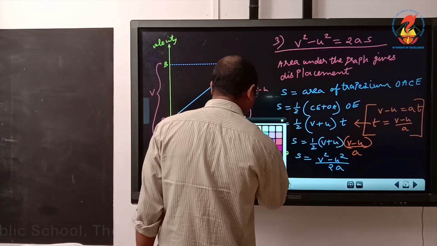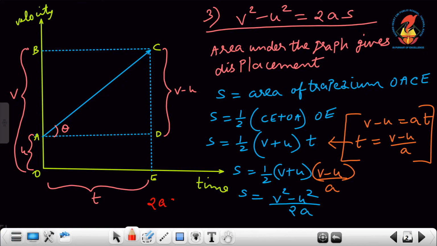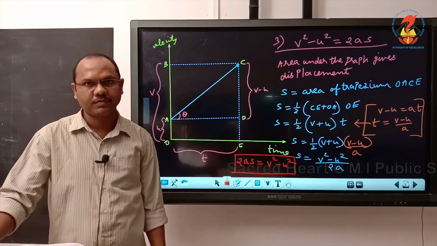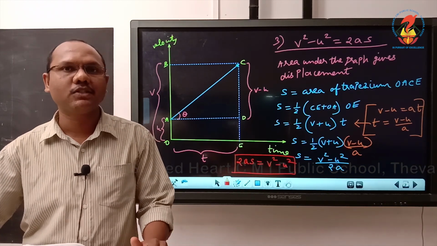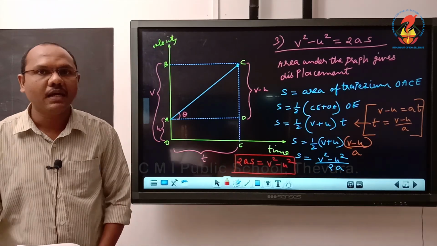Therefore, I will get the final answer as 2AS is equal to V square minus U square. That is our third expression. Like this we can derive all the three equations of motion using graphical method. Okay, thank you.